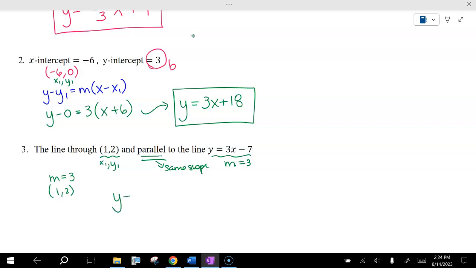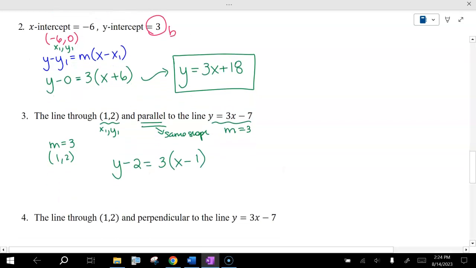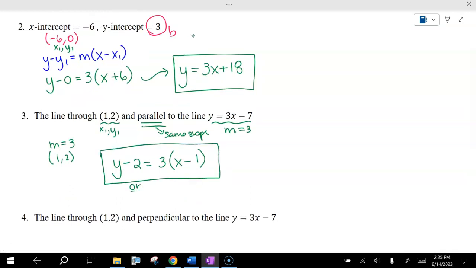So we have y minus y1, which is just 2 in this case, equals our slope times x minus x1. And x1 in this case is just 1. And sometimes you can leave your answer like this in point-slope form, or sometimes they want you to distribute that 3 and combine like terms to get it in slope-intercept form.